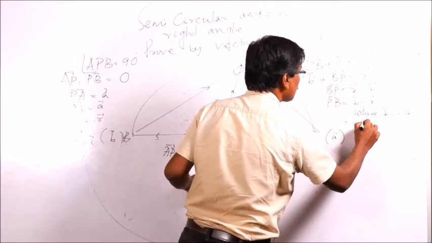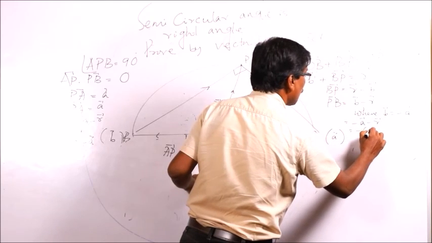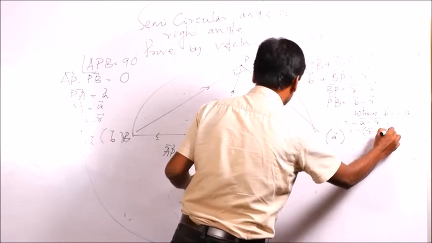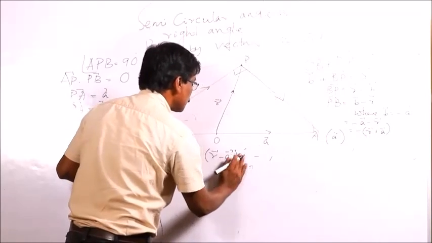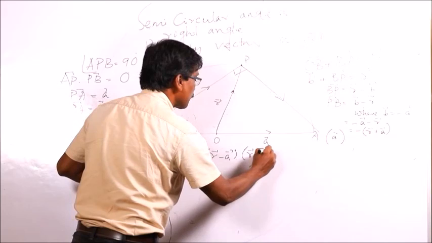So that is equal to minus A vector minus R vector, that is minus of R plus A vector.